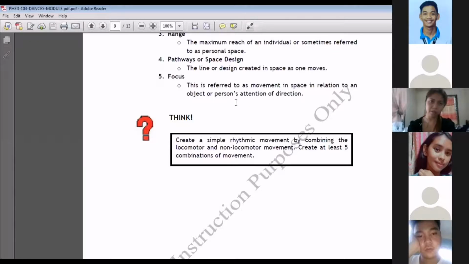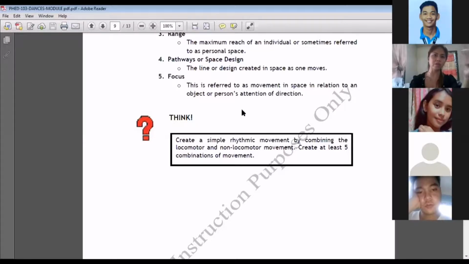To be out of the beat, ma'am. For example, moving too early or too late in the given music. But it's all about direction. It's not about the beat. The definition of focus here is not really connected with the beat. It's actually about our focus to a certain point or a certain direction as we dance.